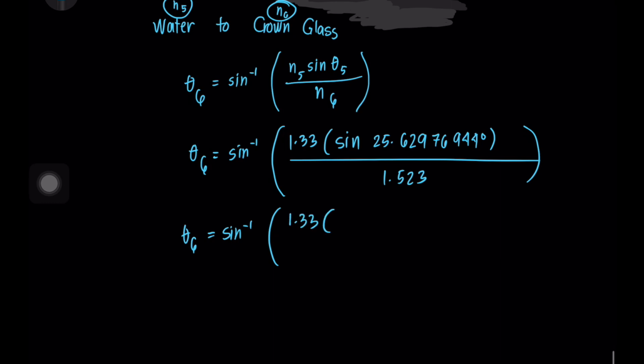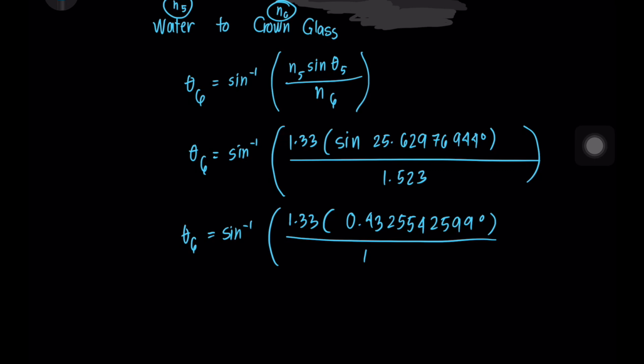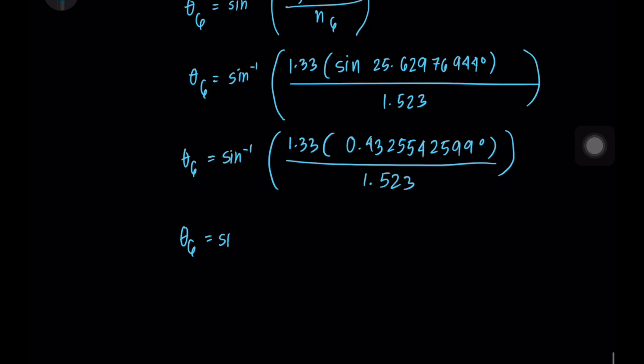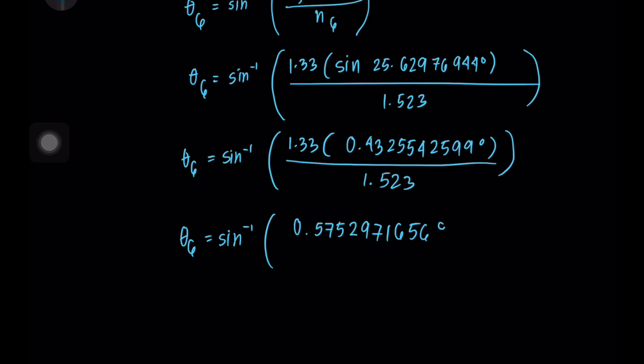So we have theta sub 6 is equal to sine raised to negative 1. 1.33, you get the sine of this value. So we have 0.4325542599 divided by 1.523. Theta sub 6 is equal to sine raised to negative 1. We multiply this value by 1.33 and our answer would be 0.5752971656 divided by 1.523.